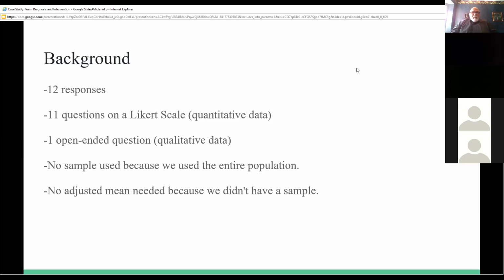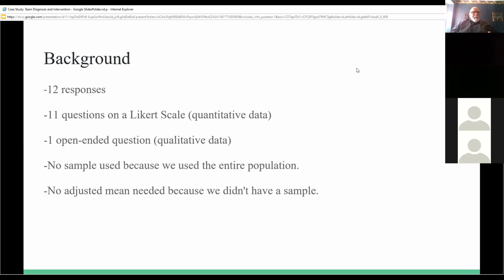We use inferential statistics when we're trying to infer big things about the population from a sample. If we're using the whole population, we do more descriptive statistics, which is what we've done this morning, where we look at mean, standard deviation, and frequency distribution.